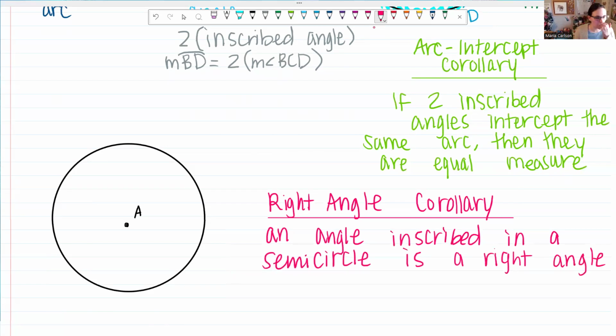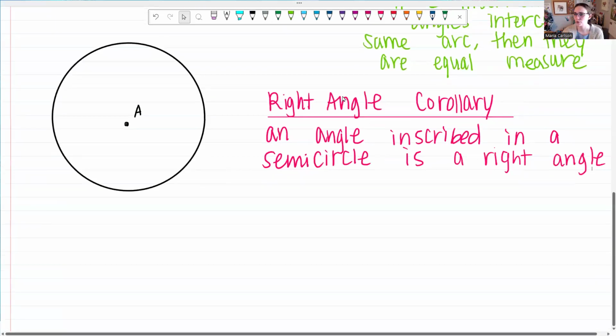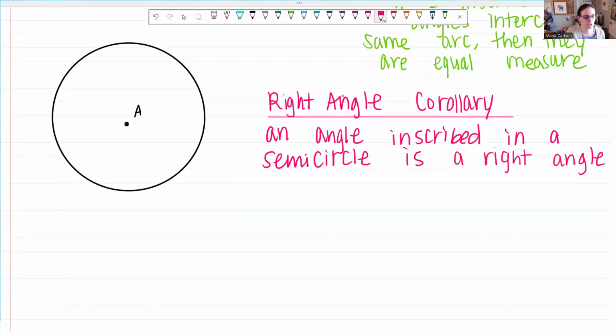So what does that mean? Well, a semicircle is half of a circle, and that is really formed by any diameter. So let's draw a diameter here. This can be B, and this can be C. So this is diameter BC.